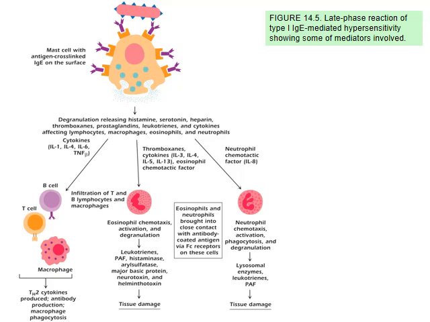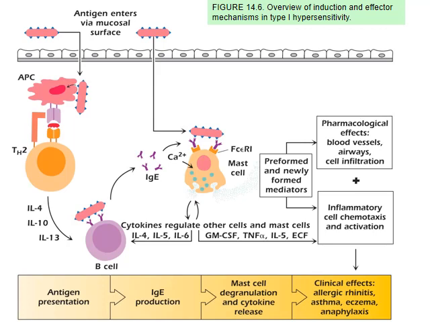So you may have to deal with the immunoinflammatory response. The last slide for this one is just a summary slide. We have antigen presentation, IgE production, the mast cell degranulates and produces cytokines, and then you have the clinical aspects, for example allergic rhinitis, running nose, asthma, eczema, and a full-blown anaphylaxis reaction. You are pretty much familiar with the initial signal, the second signal, cytokines being released, and the actions of cytokines.